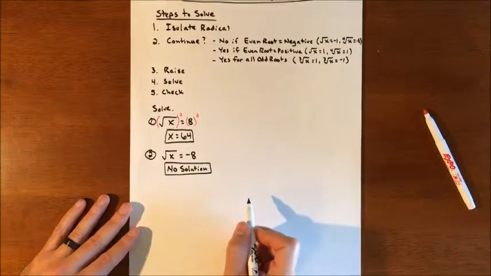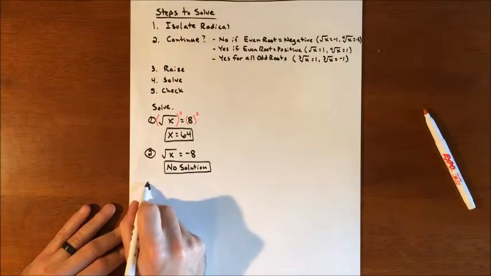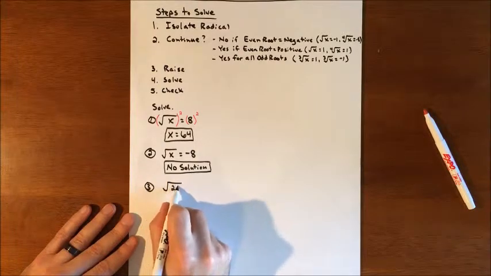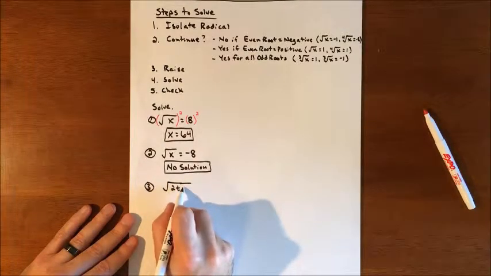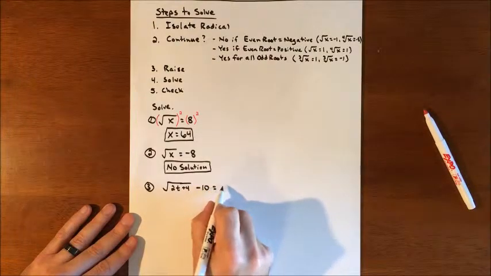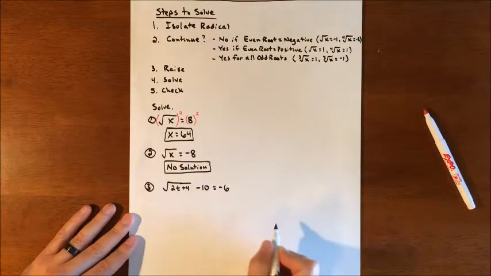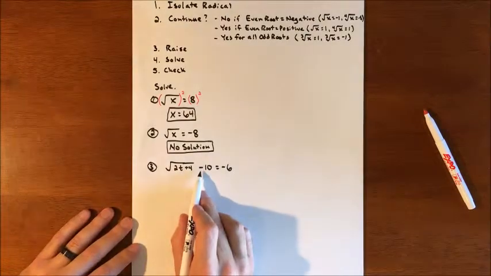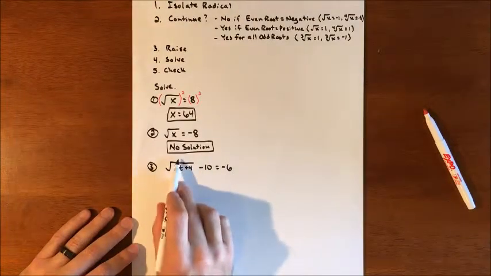All right. So number 3. Let's say you have the square root of 2t plus 4, minus 10 equals negative 6. We're asked to solve that one. So very first thing, is the square root isolated?